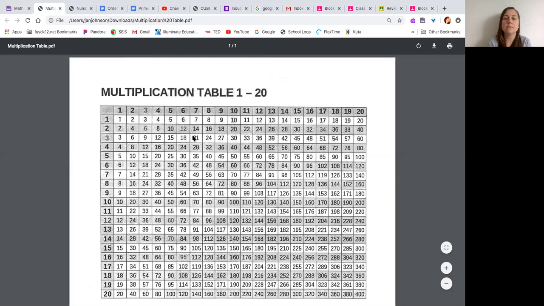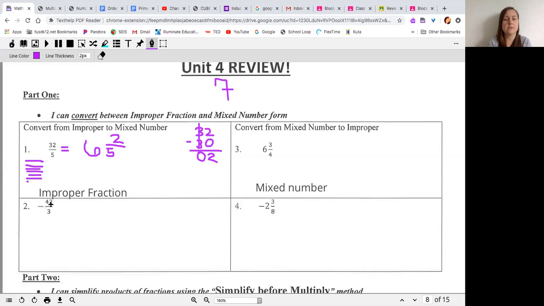So I'm going to look at my times chart. 39, 42. Oh, it goes exactly into 42, 14 times. So the bigger number is on top, and it means 42 divided by 3. Okay, so 42 divided by 3 is 14.